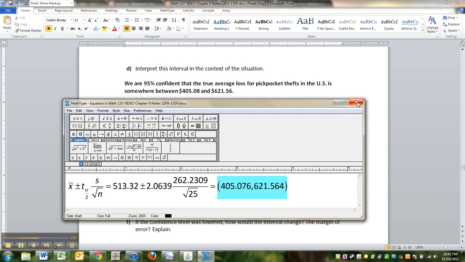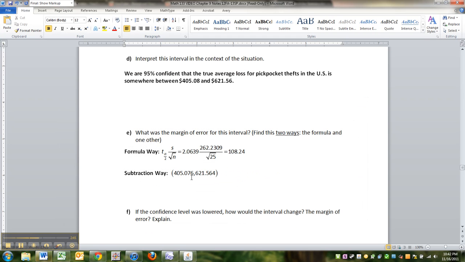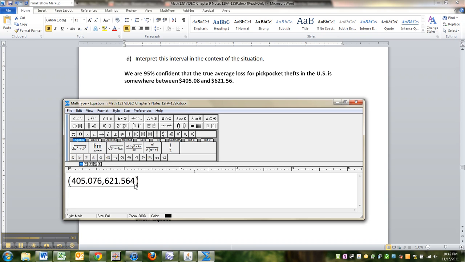So what you can do is subtract from, let's say, the high one. So take the 621 and subtract 513.32. In other words, you're taking the upper bound minus the sample mean.